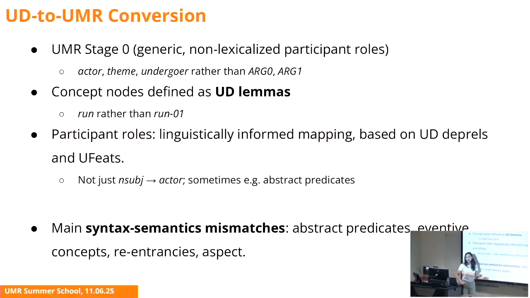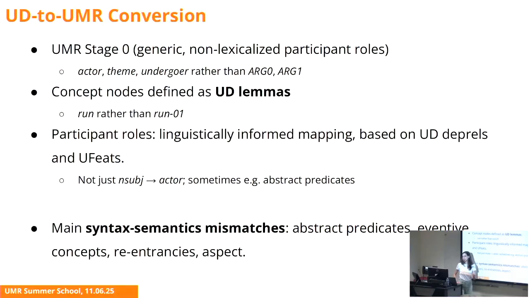As I said, UD is not a semantic resource, so there are some issues that we have to face and that we cannot really solve. For example, introducing abstract predicate structures does not always work, in the sense that the syntactic structure does not always correspond to the structure of the abstract predicate. Sometimes events are not expressed through a predicate, and this means that we cannot really identify them.